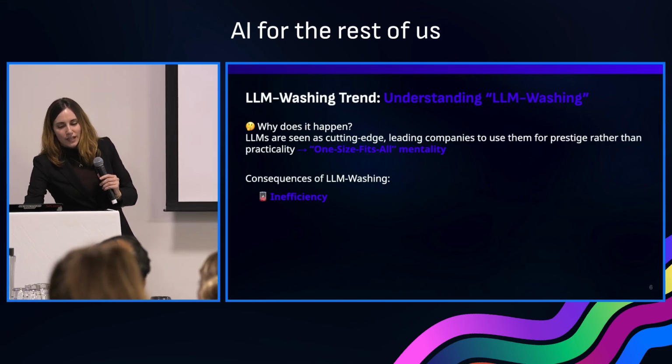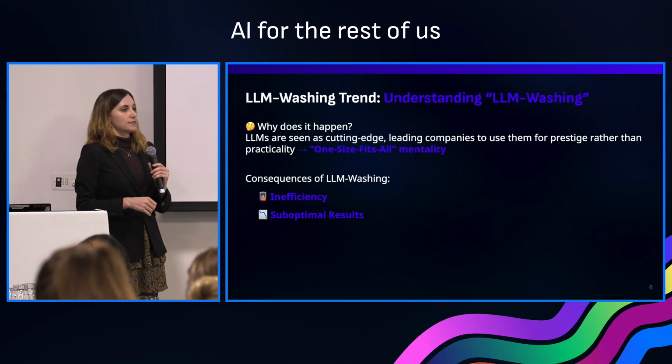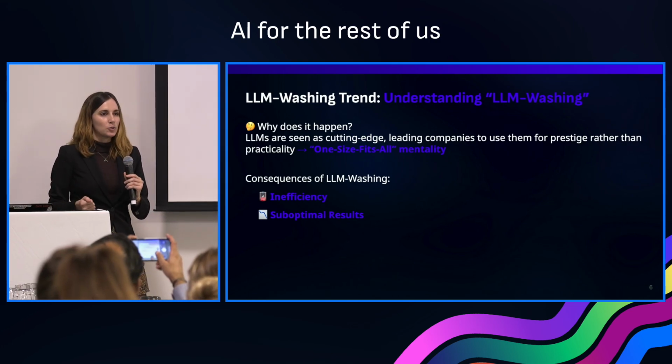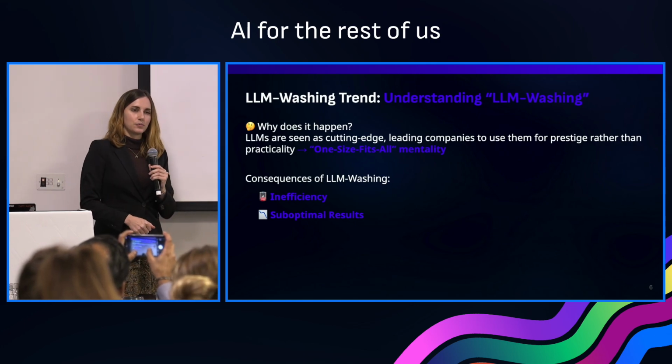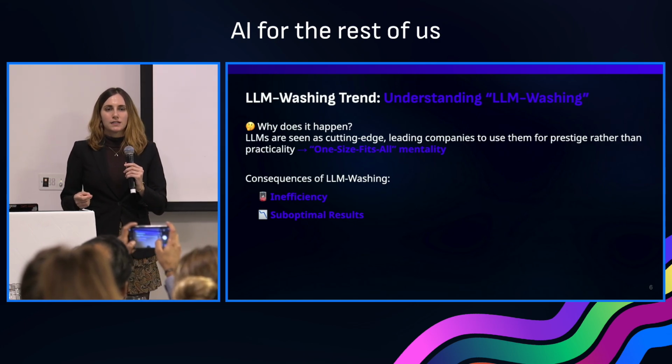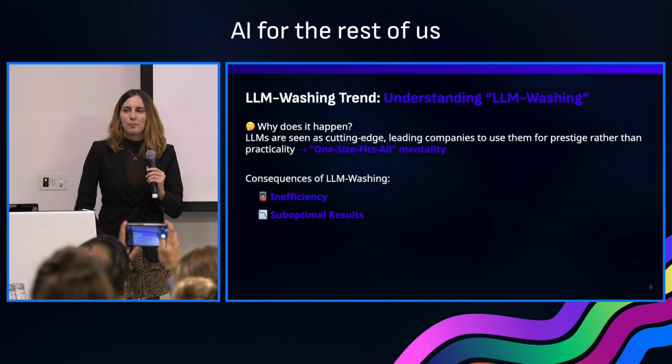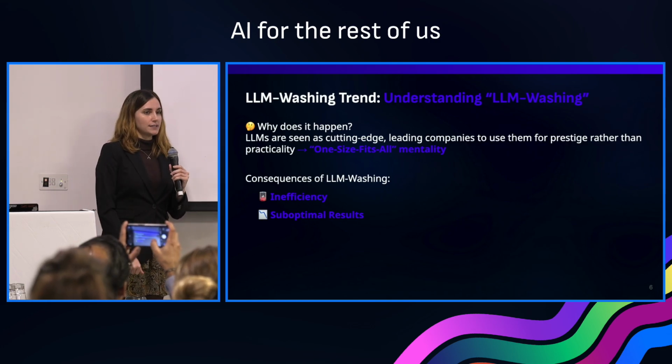Another consequence of LLM washing is suboptimal results. While LLMs are great generalists, they're terrible at domain-specific tasks. So when I copy-paste an email that I got into an LLM and ask, hey, is this spam or not? It might give you the right answer.